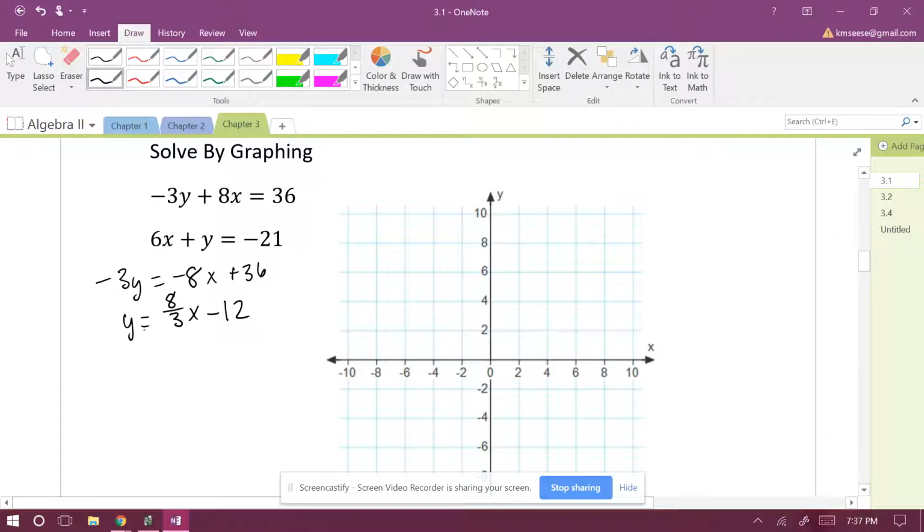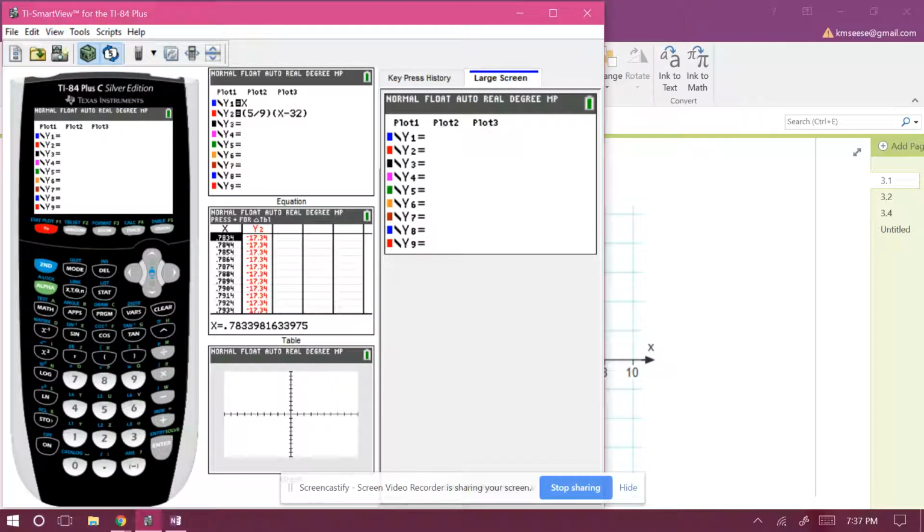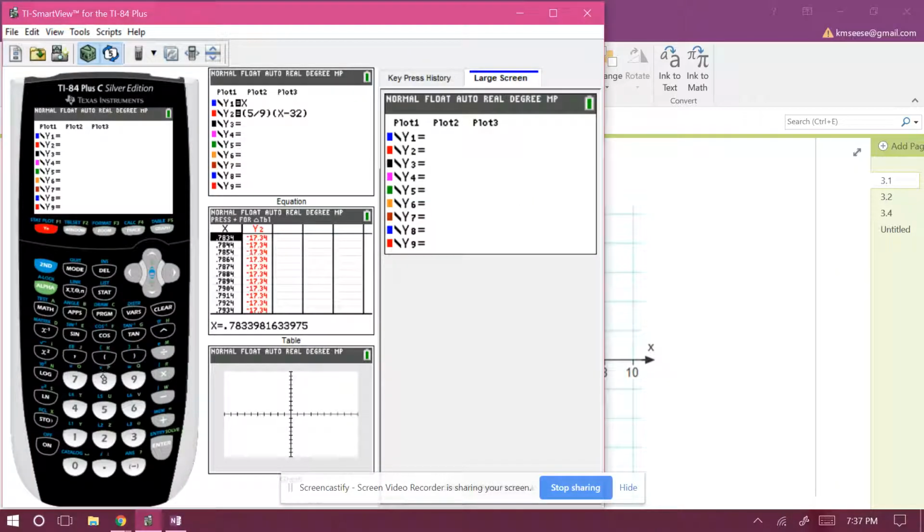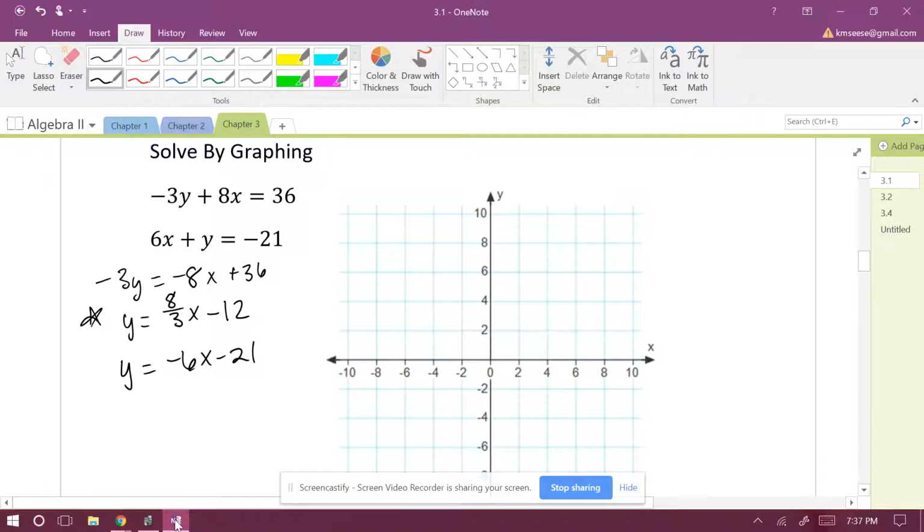That's my first equation. Solving my second equation for y, I come down to y equals negative 6x minus 21. So pulling out your calculator, you enter 8/3 x minus 12, and negative 6x minus 21.